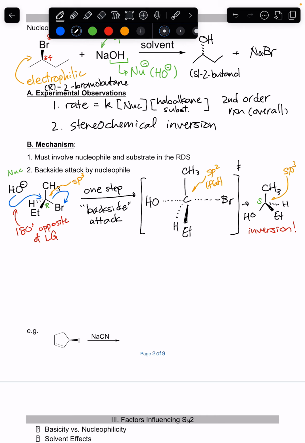Now, just so you understand what the backside attack really means, let me show you what we would mean if this was a front side attack. That would look kind of like this, the front side of the leaving group.